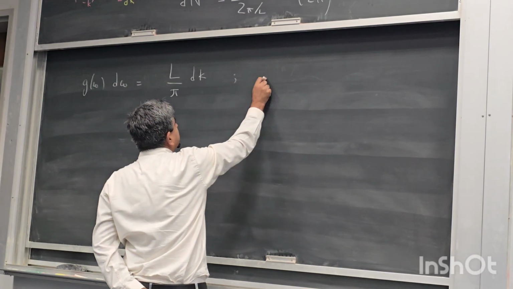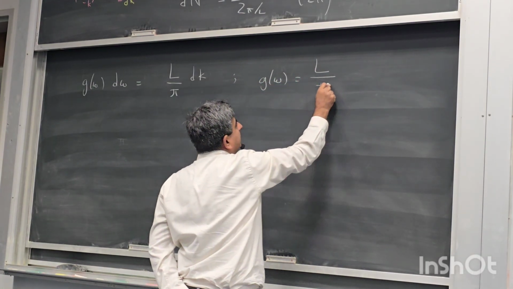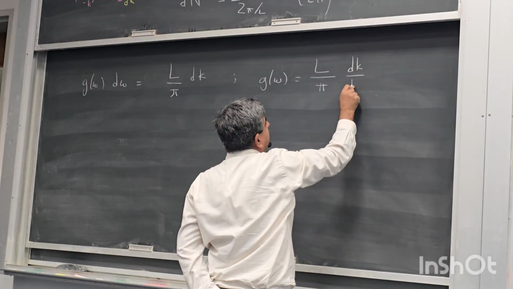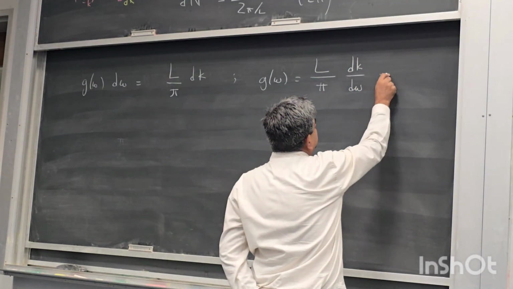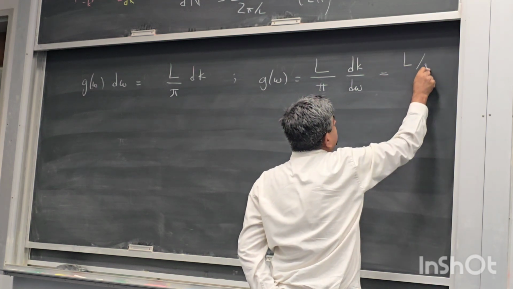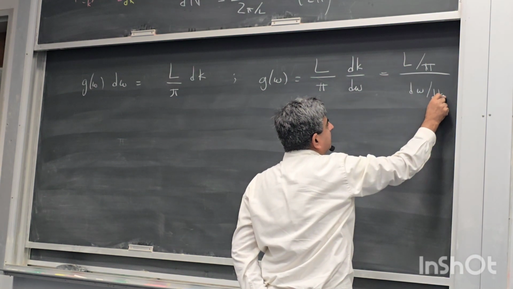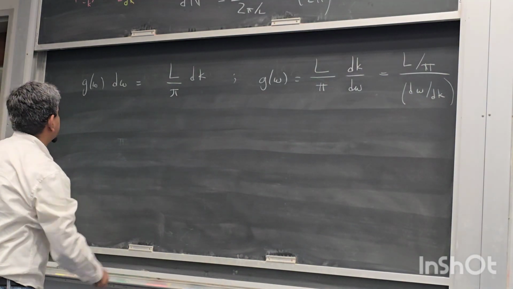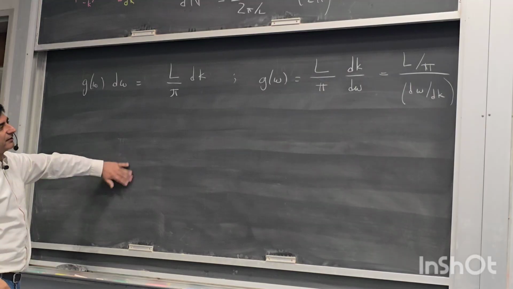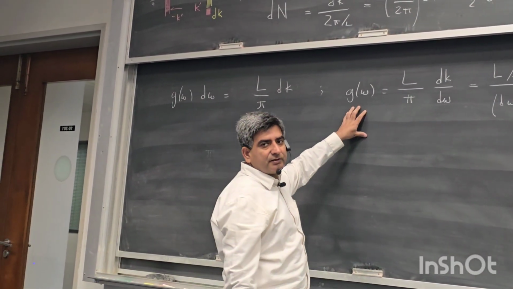In other words, my g omega is L over pi dk over d omega, or L over pi d omega over dk inverted. Now, this is a general relationship for the density of states in a one-dimensional solid.